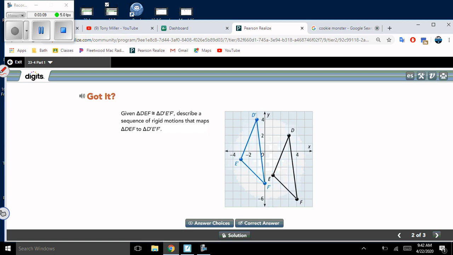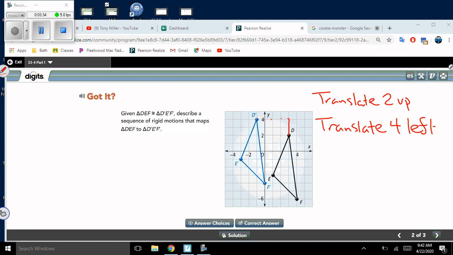We would basically say, hey, we're going to translate this 2 up, and then you could say that we're going to translate it 1, 2, 3, 4, translate 4 left. So something to that effect is what you're looking for.